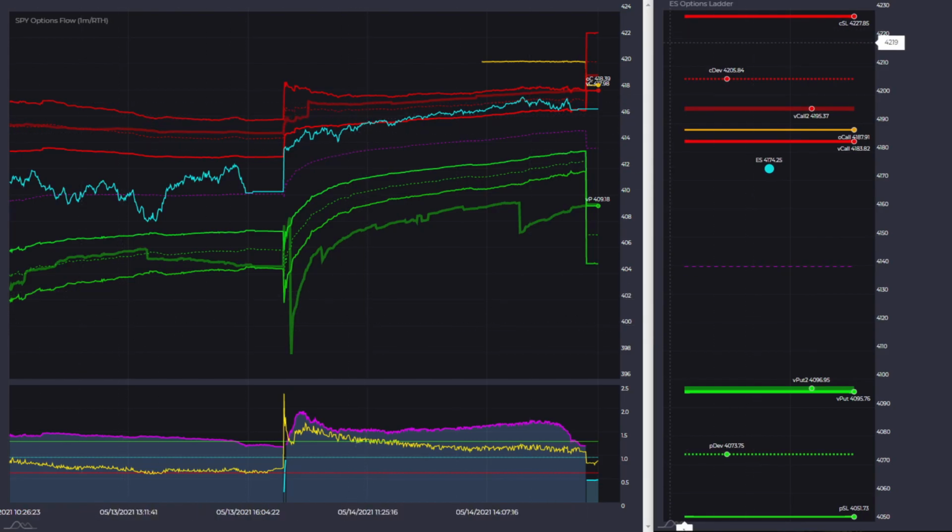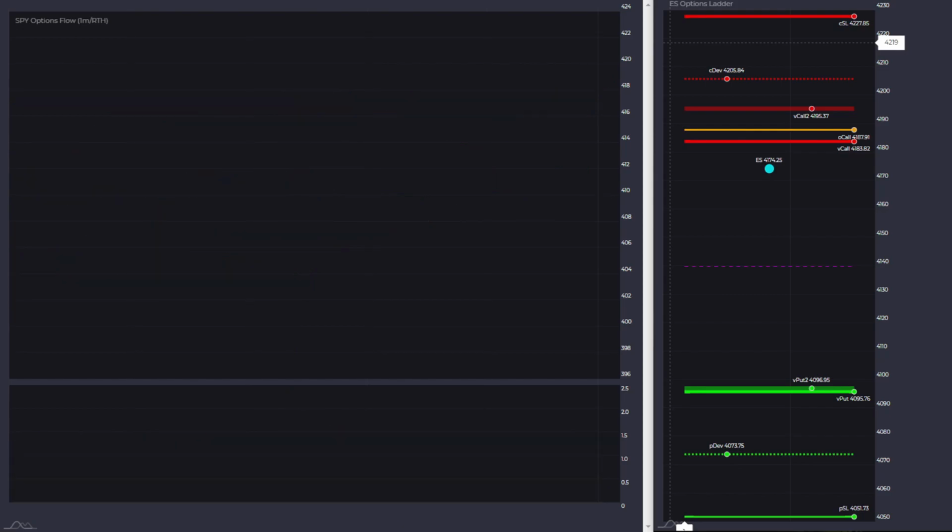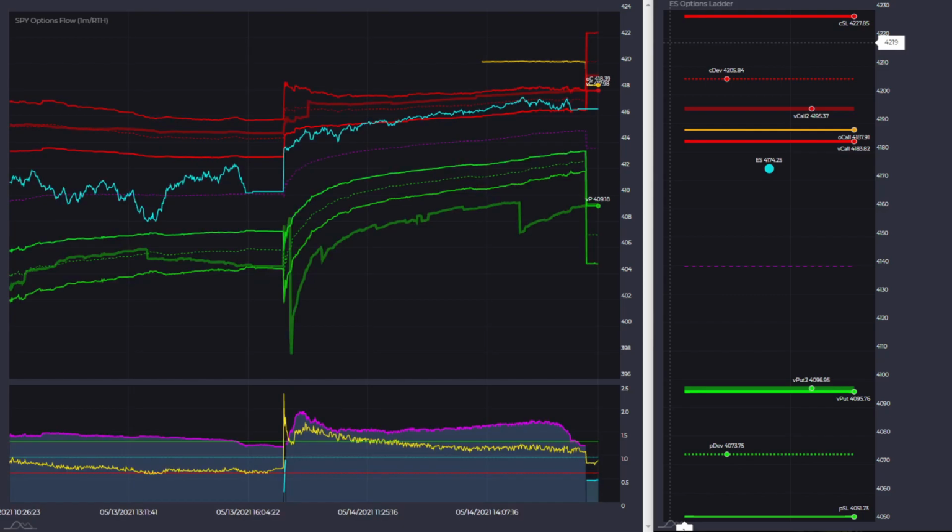So this is one of the most powerful things that I got in my arsenal, and you know this from the previous versions of emini.